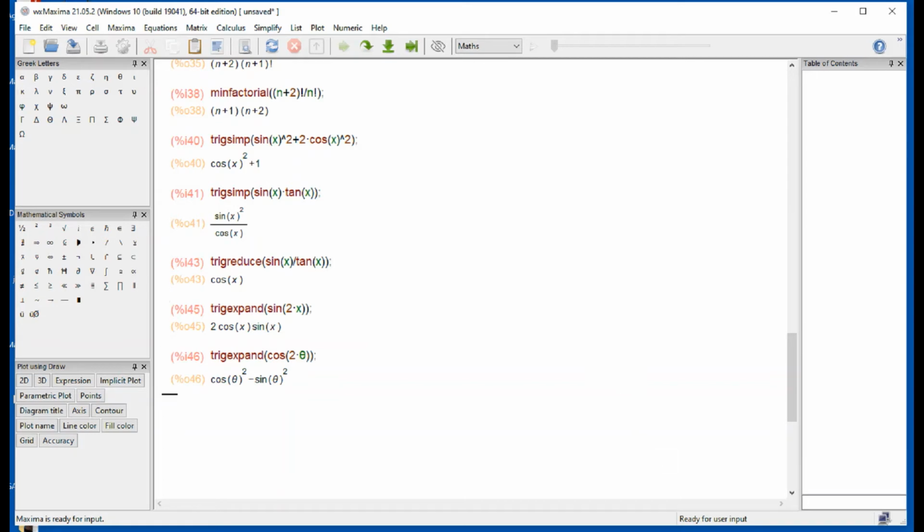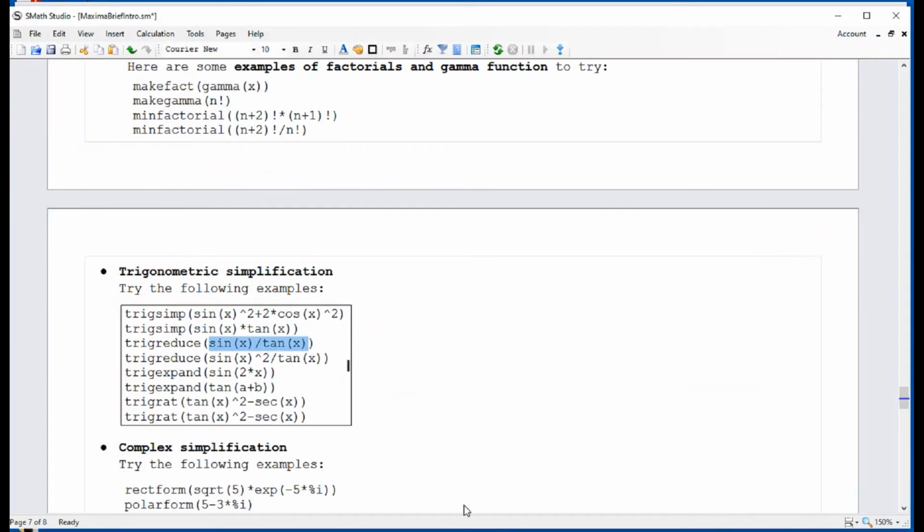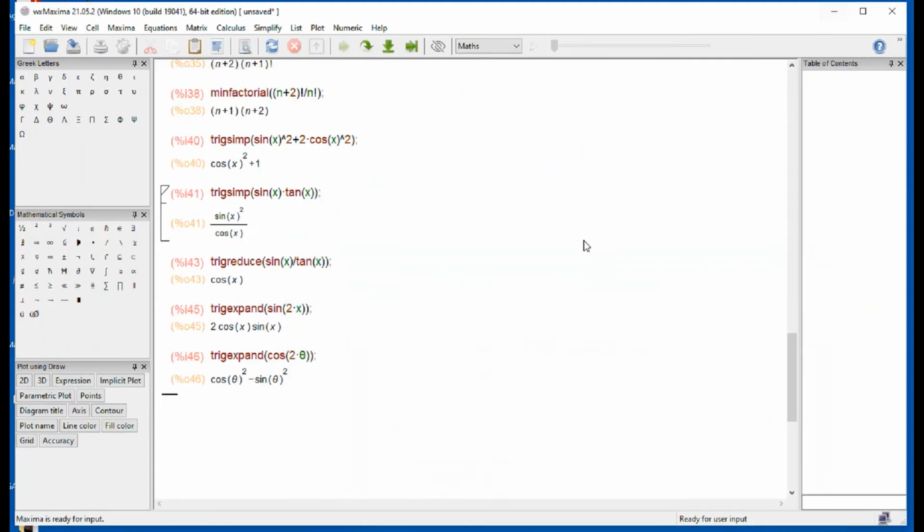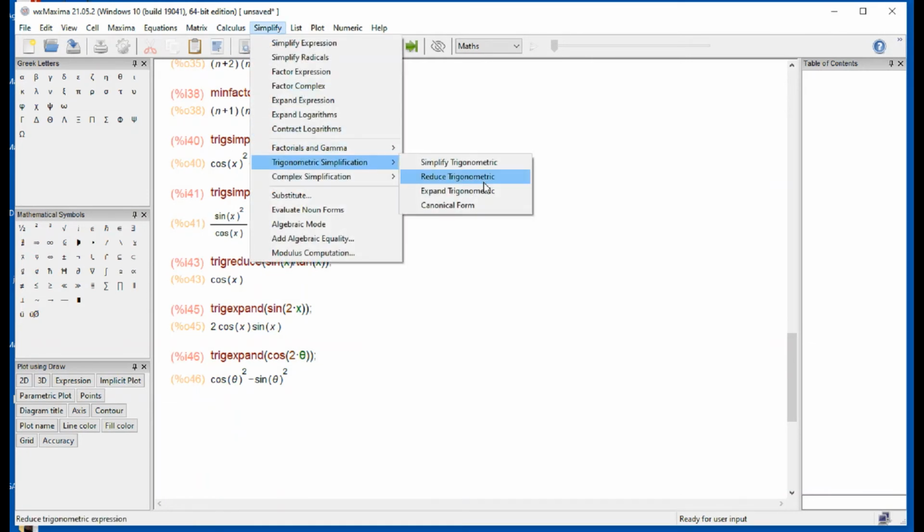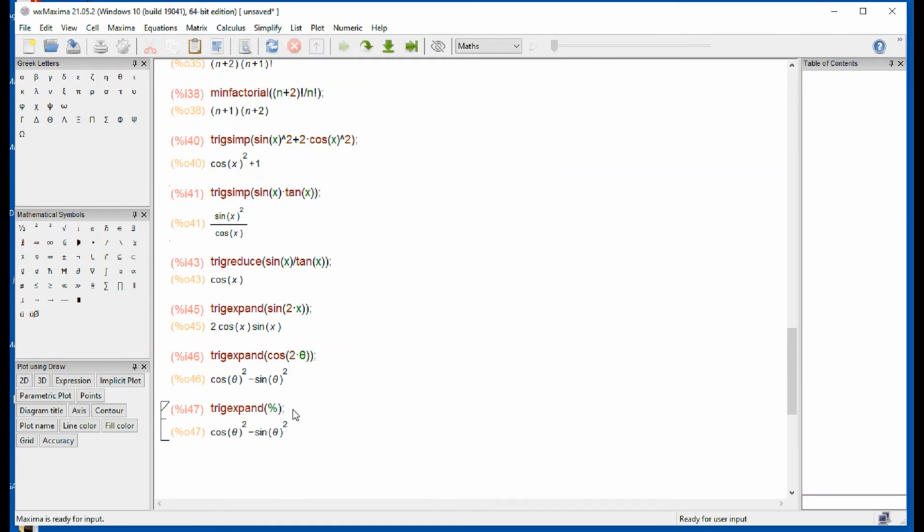Next, see in the next example, tangent of a plus b. Alright, I'm going to proceed here to simplify trigonometric, expand trigonometric, and replace the percentage symbol with the tangent, and instead of a and b I'm going to use alpha plus beta.